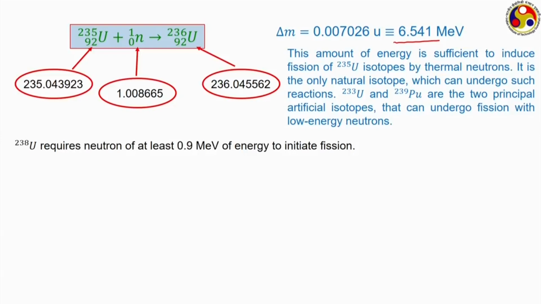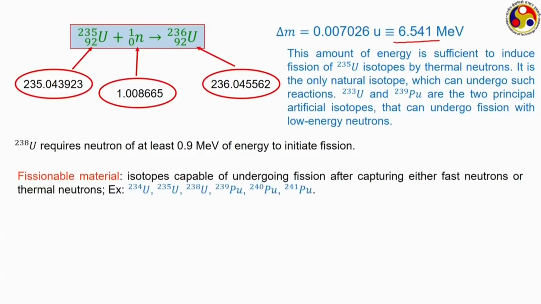So we can clearly see at least two types of isotopes in nature: one like uranium-235, which can undergo fission just through thermal neutrons, whereas others like uranium-238 require high energy neutrons, at the level of fast neutrons, to initiate fission.